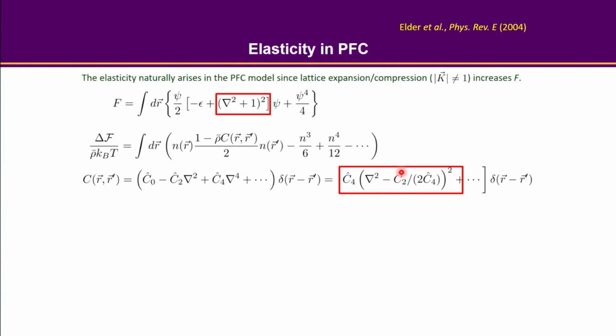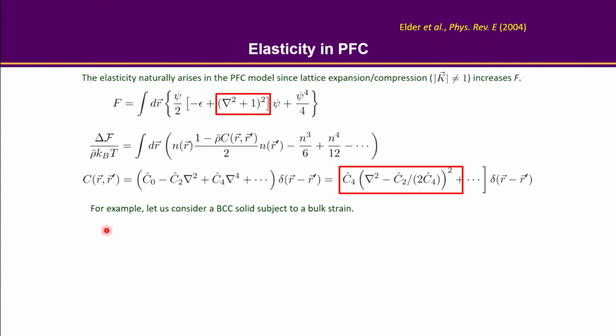So again, if there's a distortion in the lattice spacing, then plugging in here, you can see the free energy increases. So that's the concept, the quickest way why you are expecting the elasticity in the phase field crystal model. But in order to really understand or to quantitatively compare with real material, we will need to work out what's the mechanical response, or how the energy changes with certain deformation.